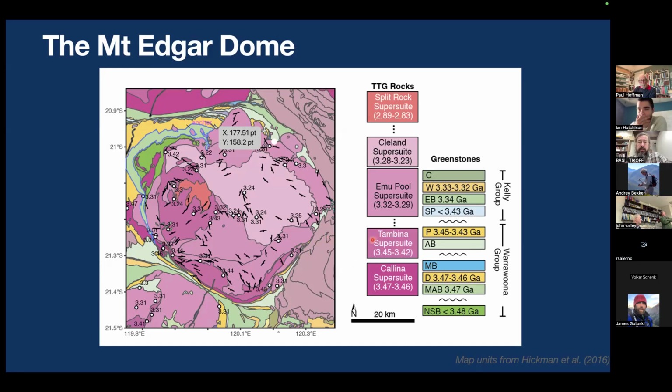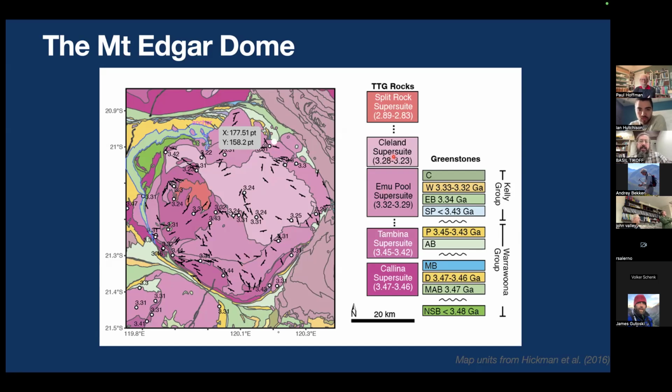These are the oldest, though. Most of the Mount Edgar Dome consists of this Emu Pool supersuite, which is volumetrically significant, but forms a donut shape around, and that's the 3.3 billion-year-old granites. That, it turns out, is going to be important because we think that's when the dome formation is.